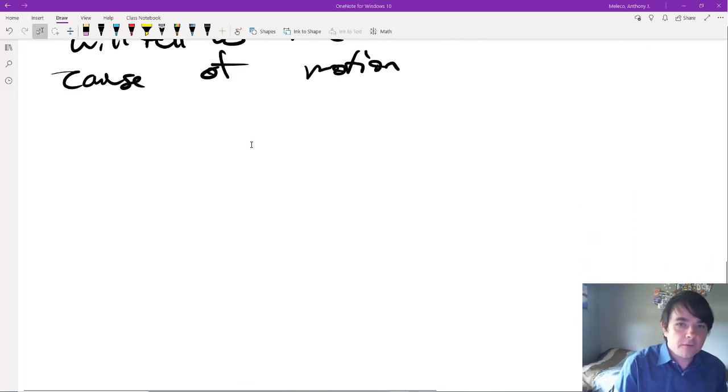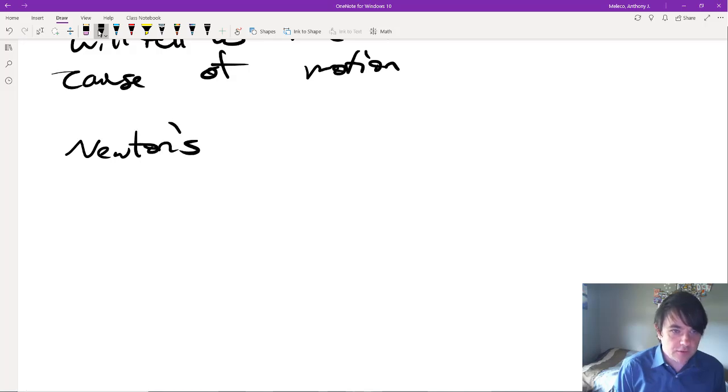The first law of motion. They're just called Newton's first law of motion, Newton's second law of motion, Newton's third law.